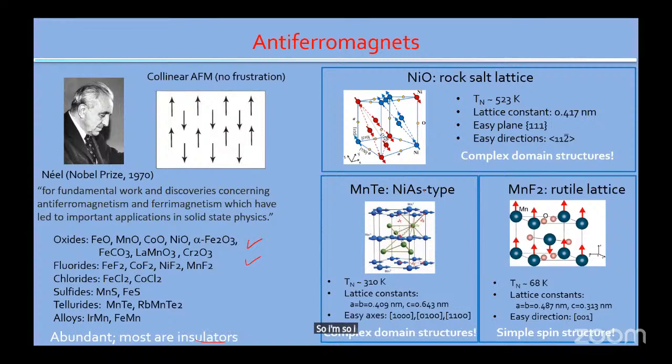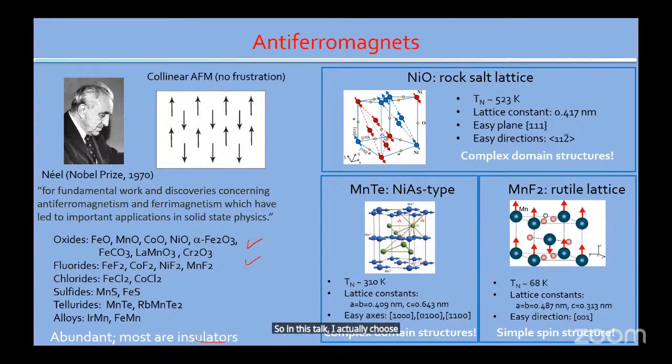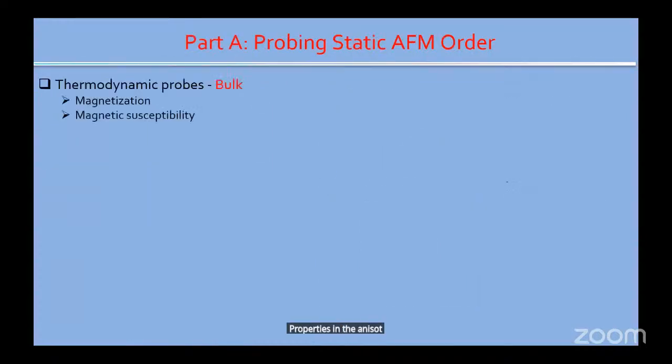I'm using them and nickel oxide to show that there are some relatively simple materials in terms of the spin or domain structures, as opposed to others. So in this talk, I actually choose the simplest material, the uniaxial antiferromagnet, meaning that the easy axis is either along a particular direction or opposite to it, up or down. Manganese difluoride has this simple uniaxial anisotropy. Okay.